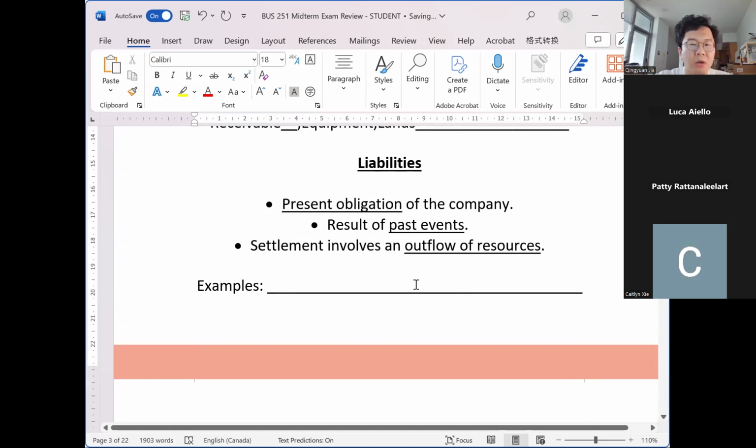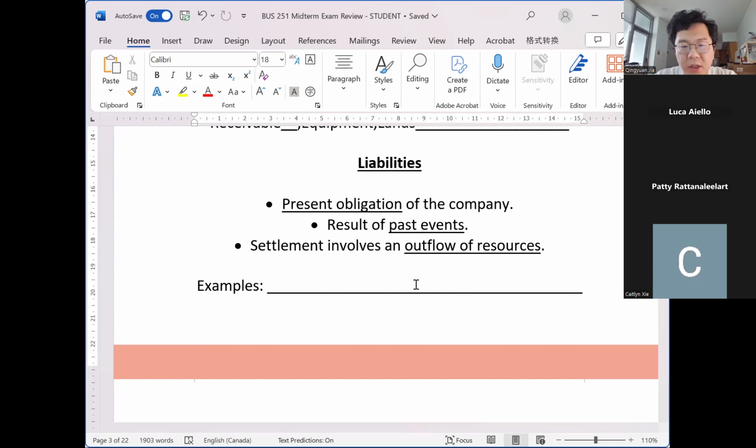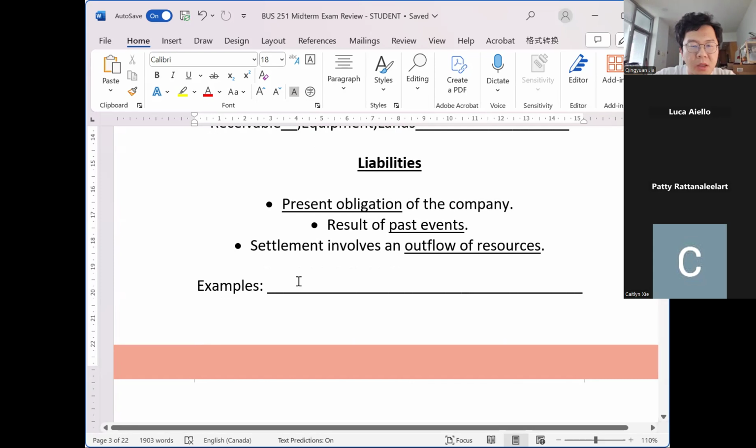And when we talk about liability, liability represents the obligation of the company. Similar to assets, it is also the result of past events, and the settlement involves an outflow of resources, which means the more liability you have as a company, the more resources you have to give out to others in the future.